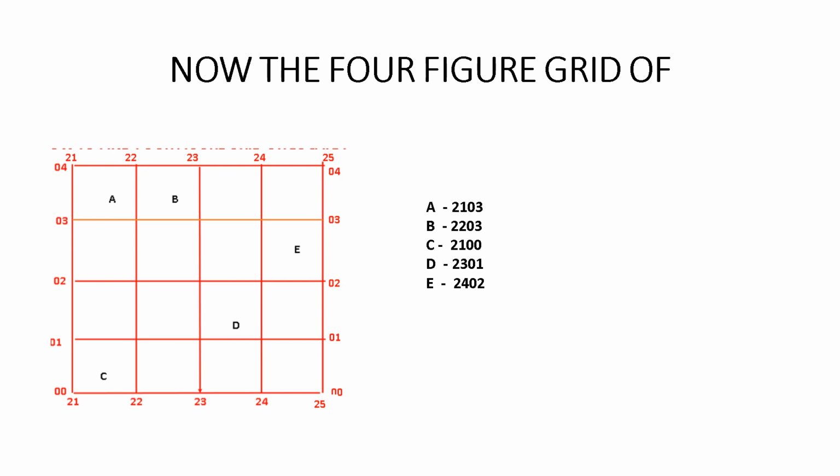Therefore, the four-figure grid of C is 2100. Likewise, the four-figure grid of D is 2301. The four-figure grid of E is 2402.